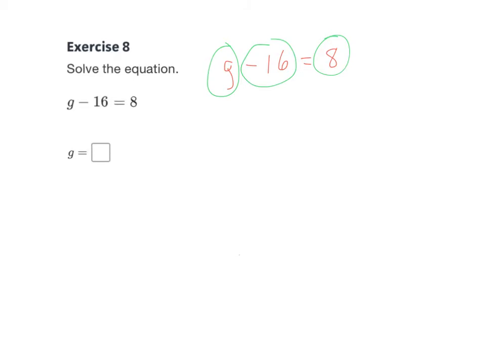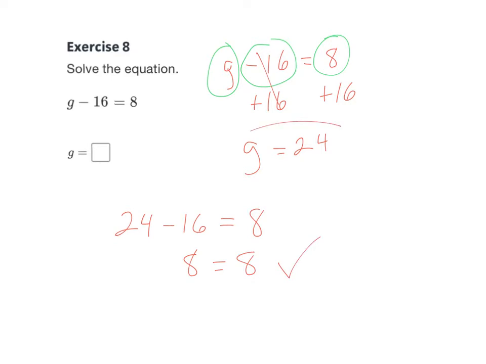So the inverse of minusing 16 is adding 16 to both sides. I would get G is equal to 24. To check it, I would have 24 minus 16 is equal to 8. 24 minus 16 is 8. I get 8 equals 8. There is my check.